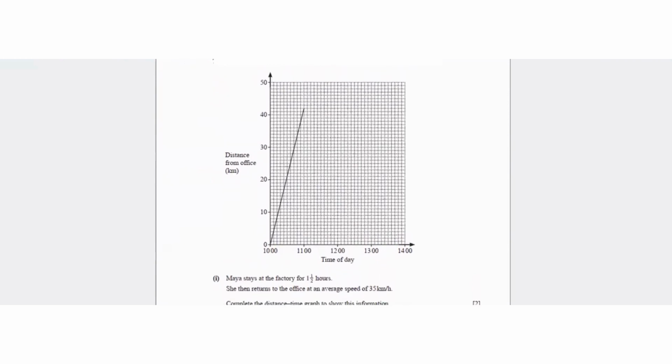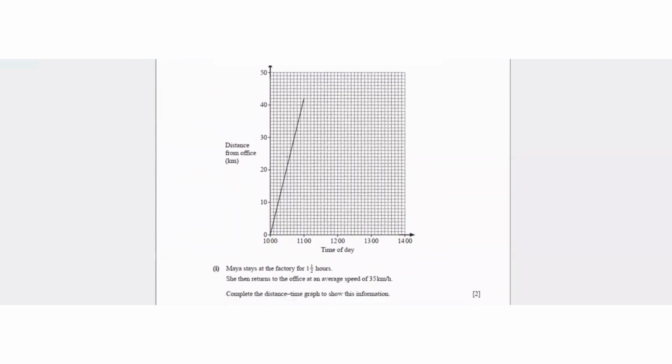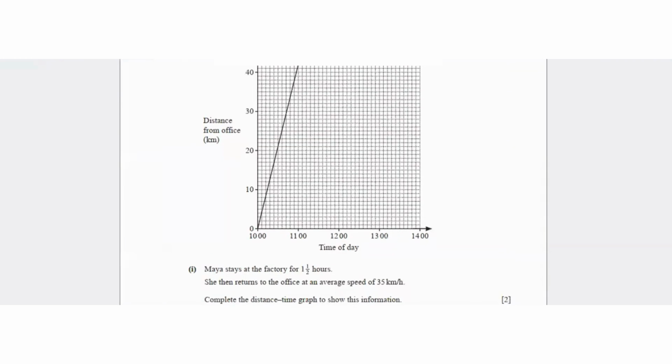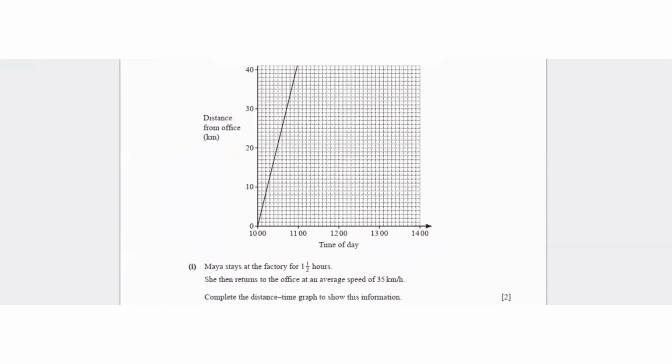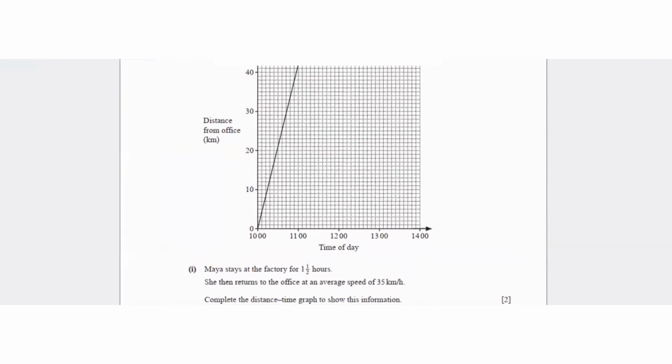So if she's staying at the factory for 1.5 hours, then that means from 11 to 12:30. It's so tiny.